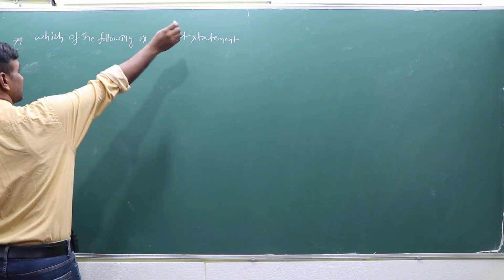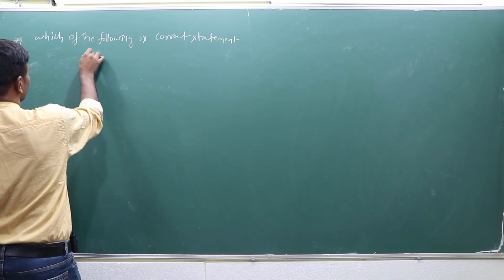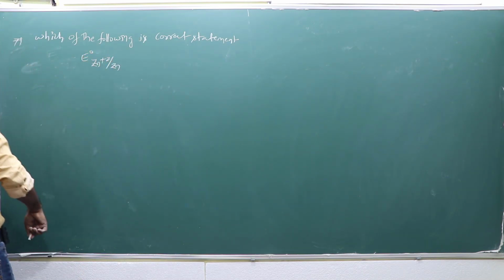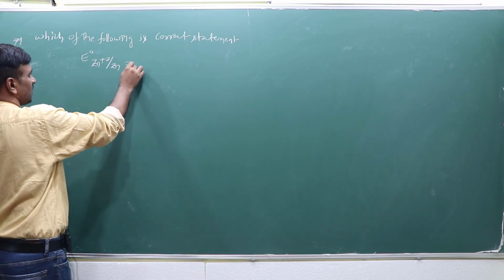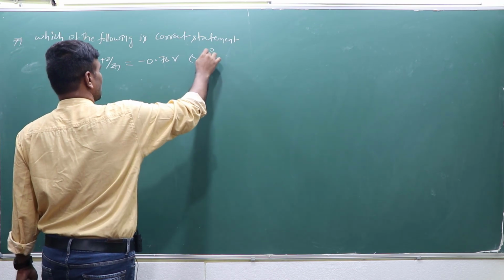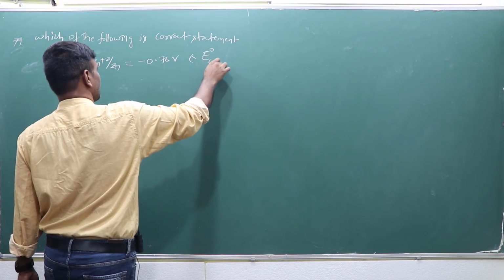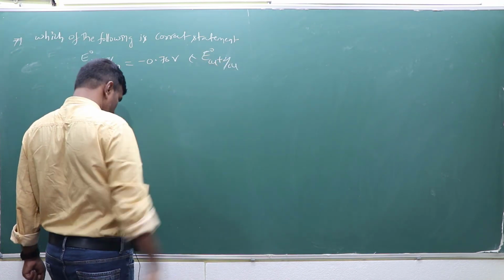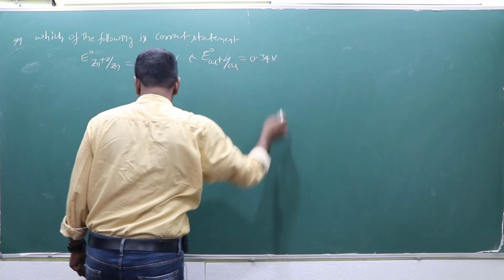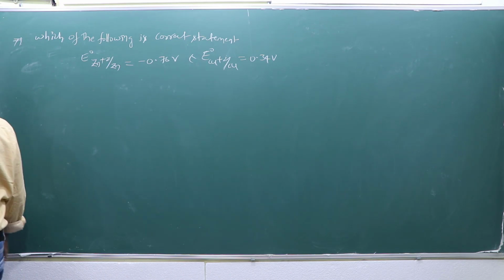The values given are E0 of zinc plus 2 to zinc is minus 0.76 volt, and E0 of Cu plus 2 to Cu is 0.34 volt.